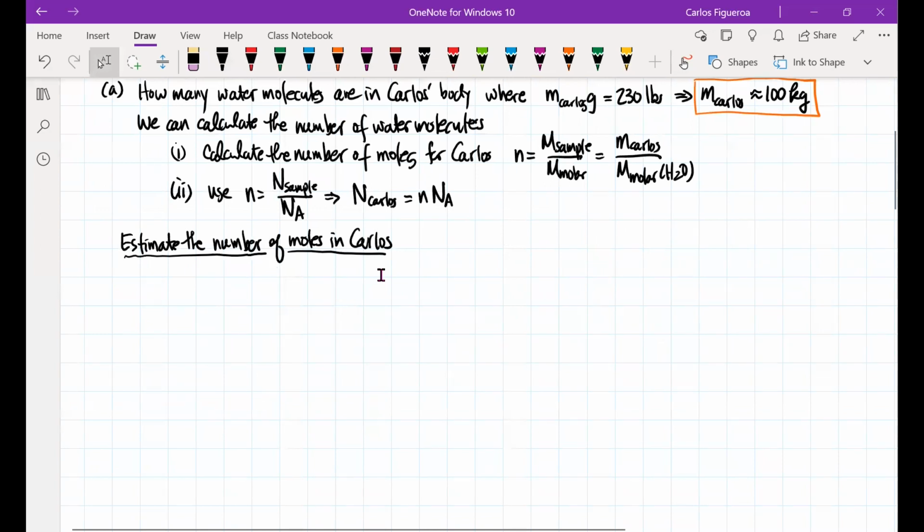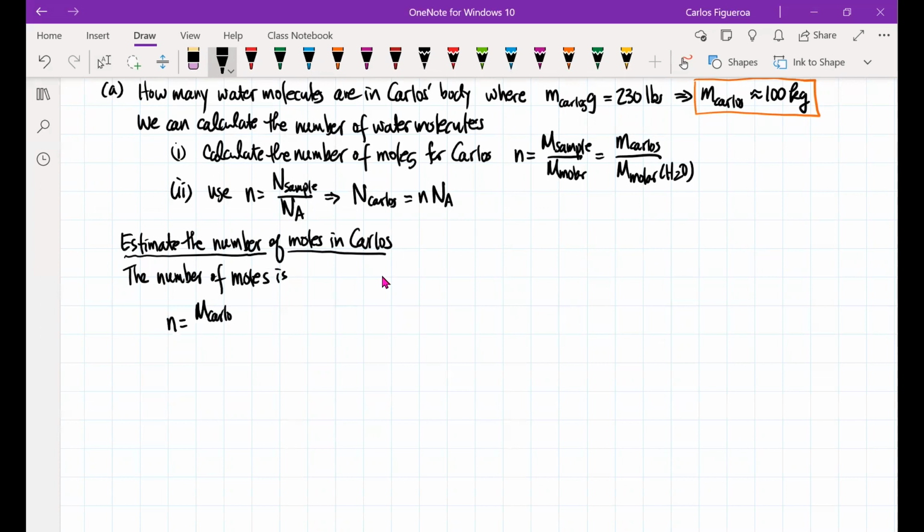So the number of moles n is going to be the mass of Carlos divided by the molar mass of water. So let's go do that.